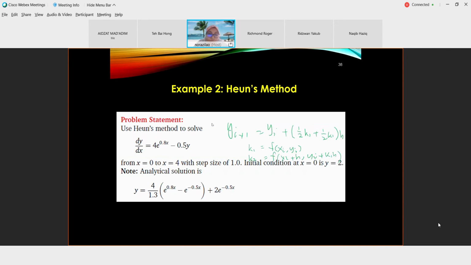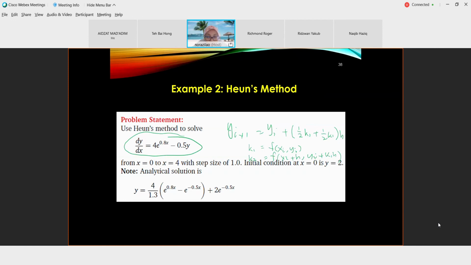Okay, so how can we solve this example 2? What is this value? dy/dx equals 4 exponent power 0.8x minus 0.5y.